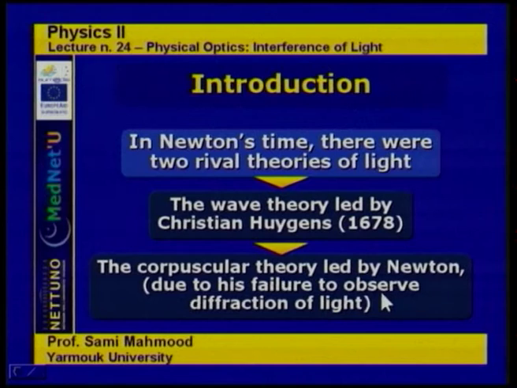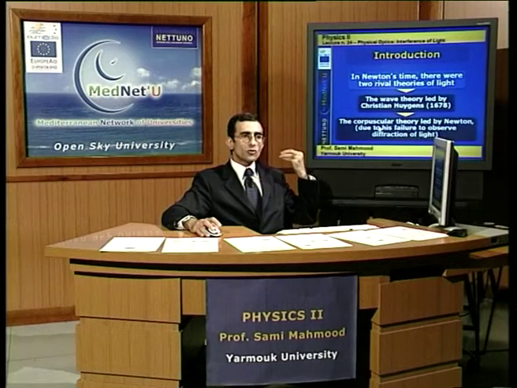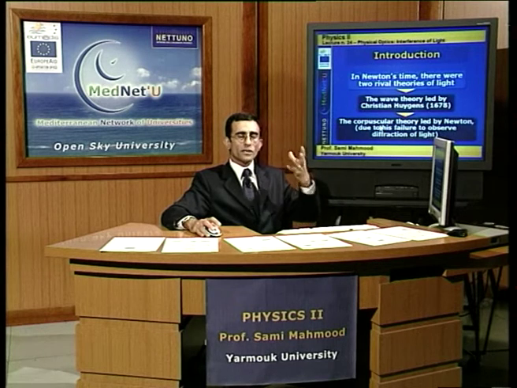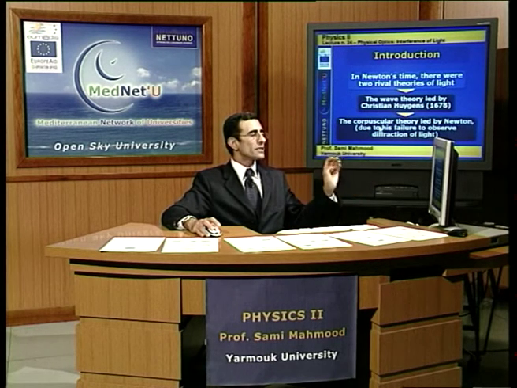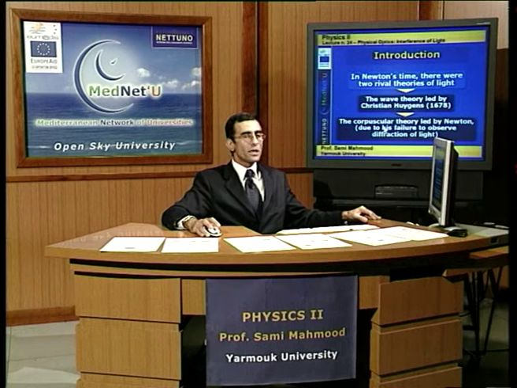The second theory was led by Newton, who did not believe in the wave theory, and he set up his model for the description of light as being a stream of corpuscles traveling in space, like particles. That is called the corpuscular theory, which was suggested by Newton.